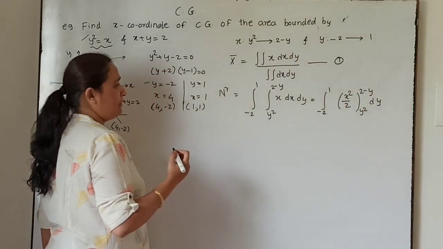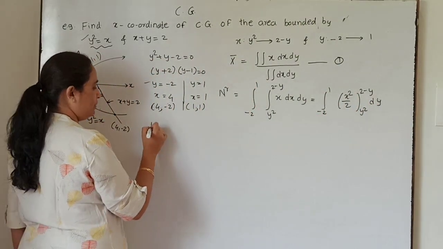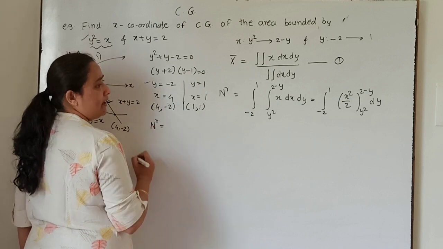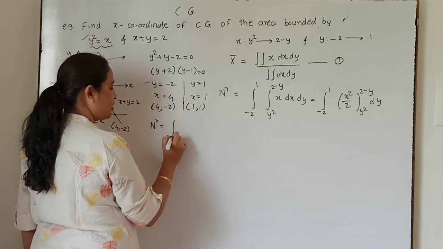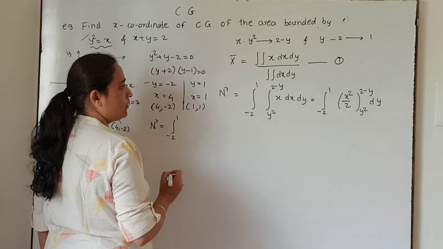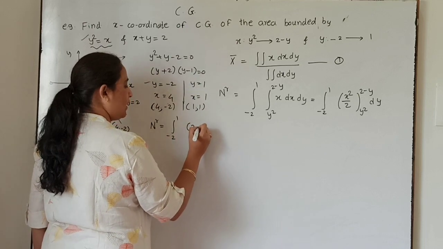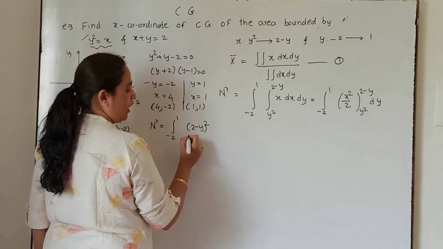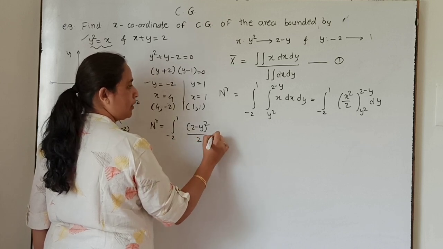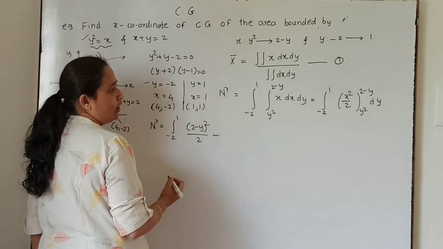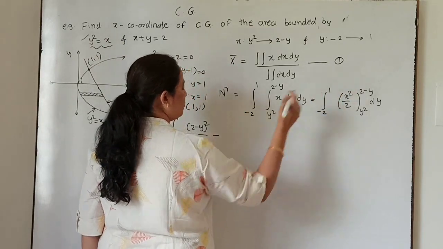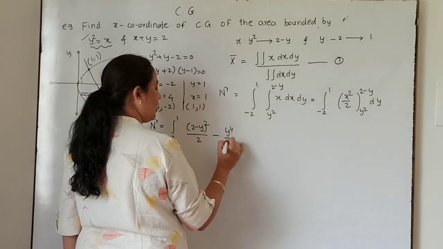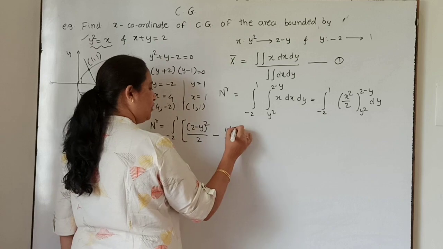If you apply limits, upper limit minus lower limit, you will get the numerator equal to integration from minus 2 to 1, (2 minus y) whole square upon 2 as it is. Lower limit has a minus sign. If you apply the lower limit, y square whole square, that is y raised to 4 upon 2, into dy.